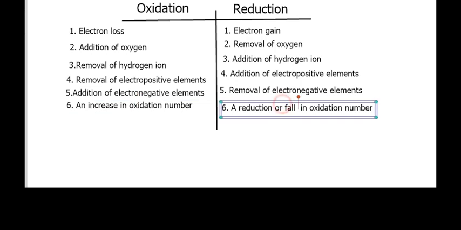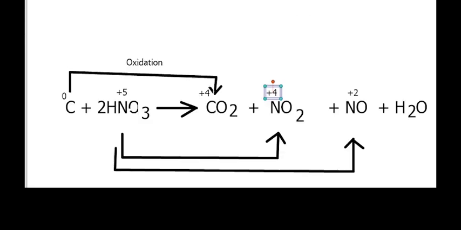And whenever there is a fall or reduction in the oxidation number of an element, it is said to have been reduced. That is to say, in nitric acid, nitrogen was reduced from +5 to +4 and to +2.